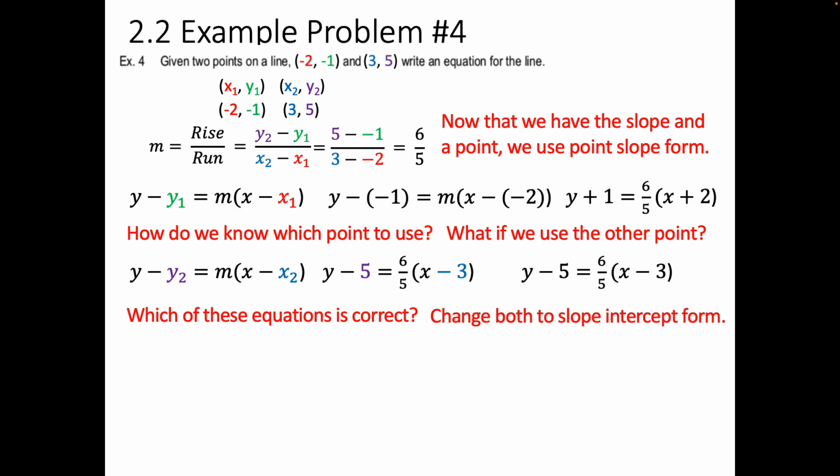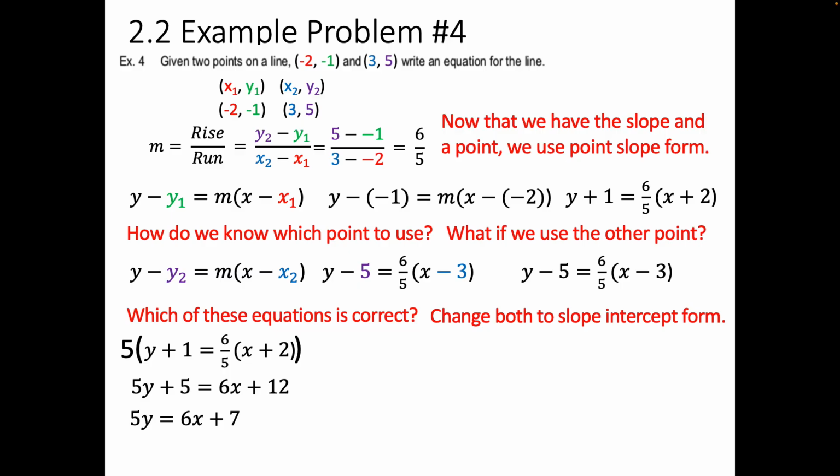Let's change both of these into the slope-intercept form, y equals mx plus b. So if I take this first one, and I've got 6/5 there, that's ugly. I'm going to multiply the whole thing times 5. So I've got 5y plus 5 equals, distribute the 6, 6x plus 12. If I combine my terms or subtract 5 from both sides and now divide both sides by 5, I get y equals 6/5 x plus 7/5.